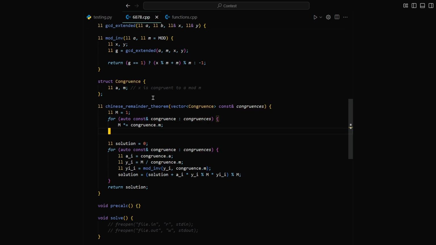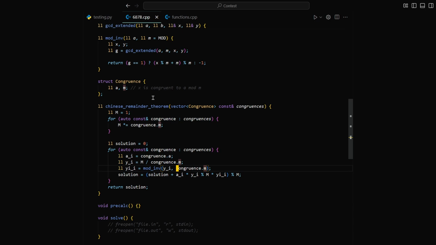Now first we calculate M, which is the product of the sequence m. Now we define our solution. Now we go through all these congruences and we calculate all the terms one by one. And then we add to the solution. We just keep adding each term to the solution, and we always take it modulo M in each step. This is so that we can avoid overflow. Very standard procedure.